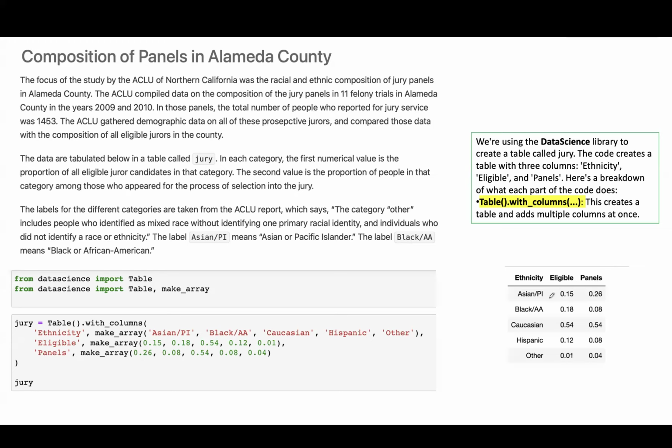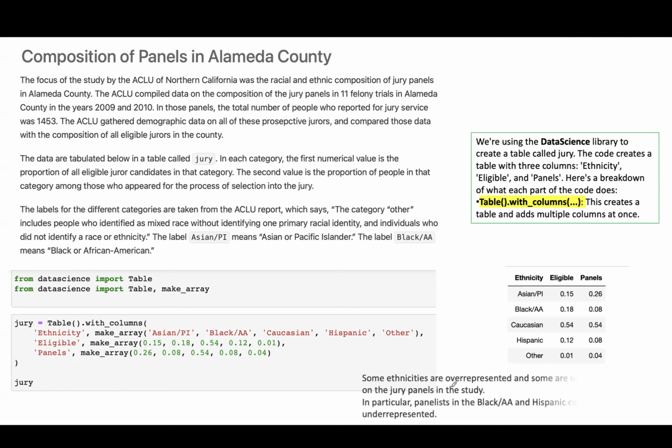Here you have 15% Asian/PI. In the panel, you have 26%. Black or African American, 18%, and it decreased to 8%. Caucasian, 54%, and it's the same, 54%. Hispanic, 12%, it decreased to 8%. Other, which is just 1%, and now it increases to 4%.